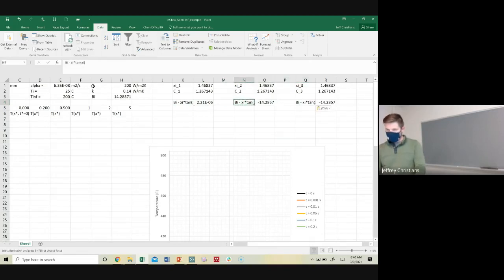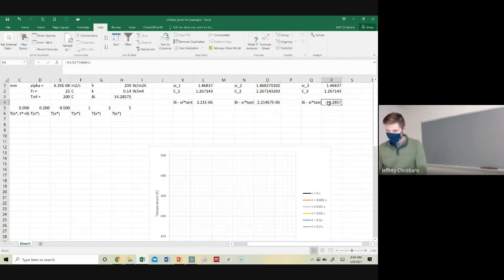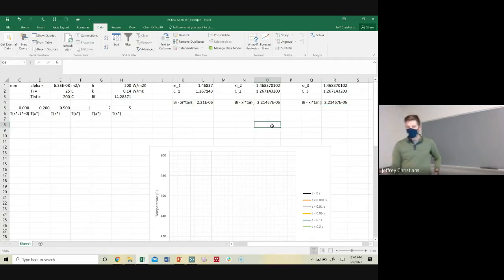Okay, and now I know for this one, let me get all my equations right because I didn't get that right. Okay, so now those equations are set up for all of those values. They're all the same values right now.